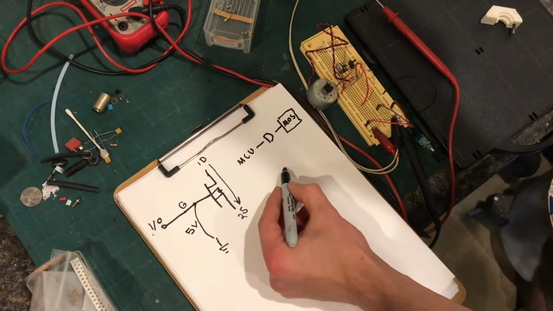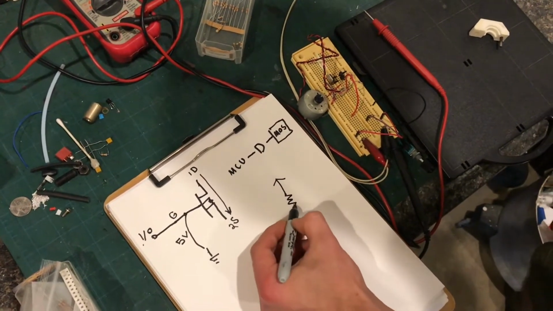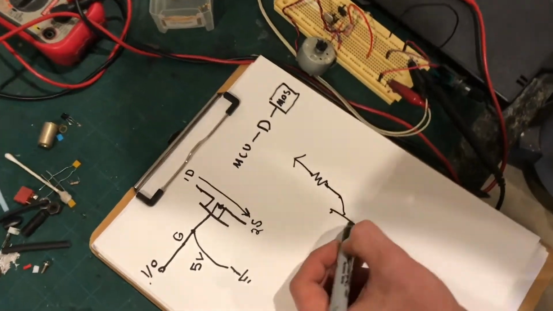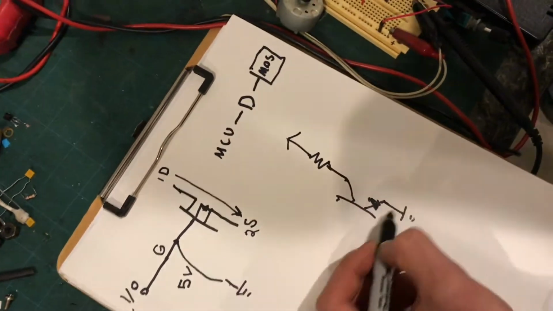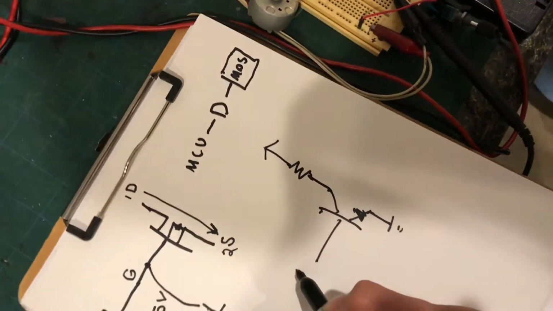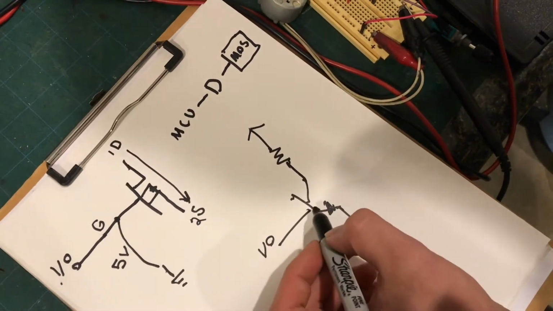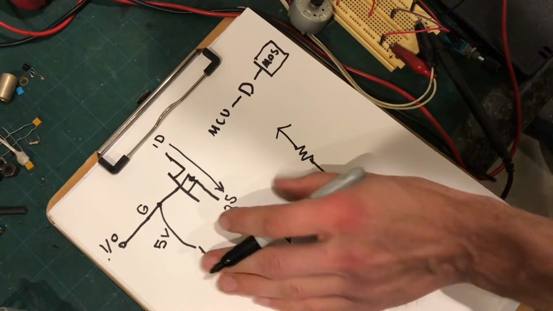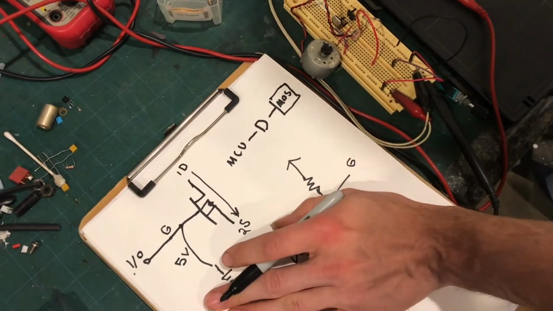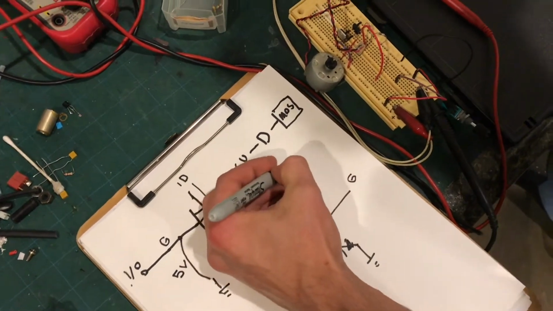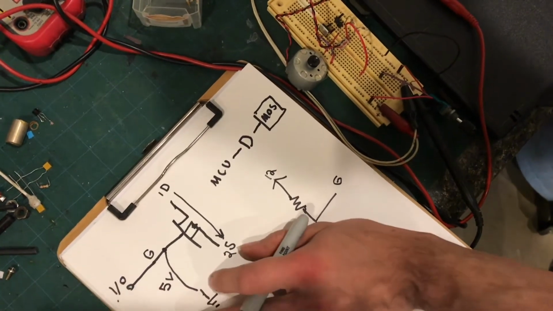The first thing that I tried was using a pull-up resistor and an NPN BJT transistor, and the way this works is when the transistor is off, then this pin, which goes to the gate of the MOSFET, is driven high to 12 volts, and that'll really turn that MOSFET on, and it'll be fully on.